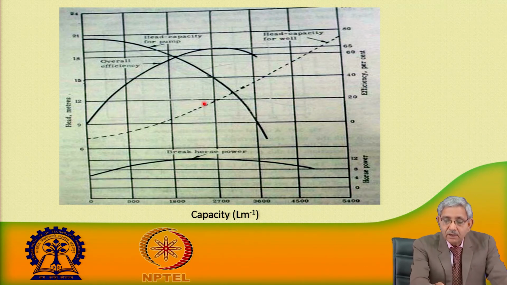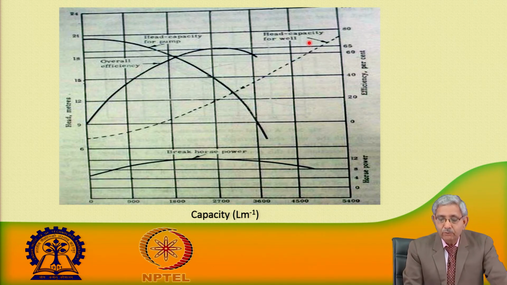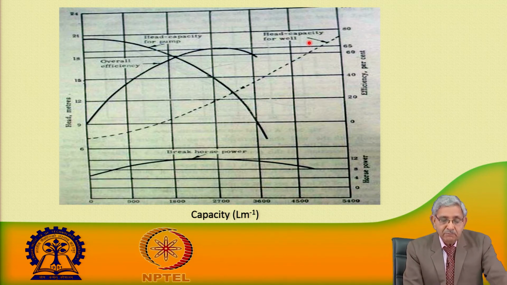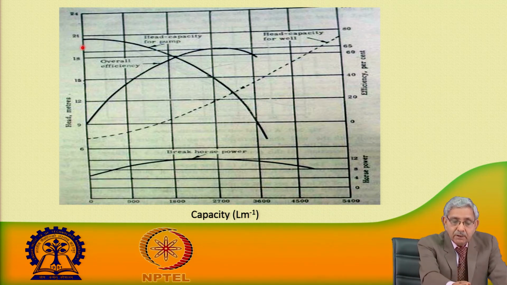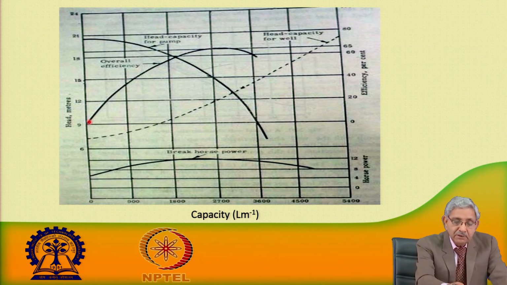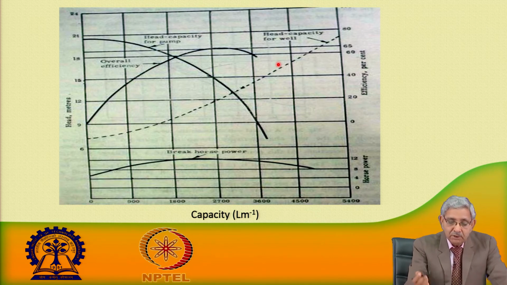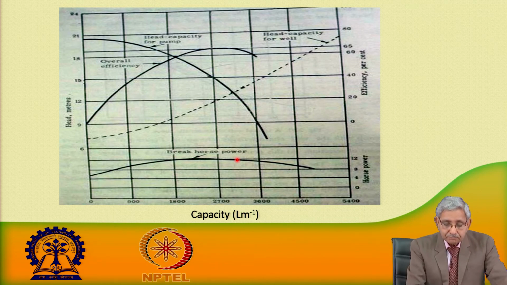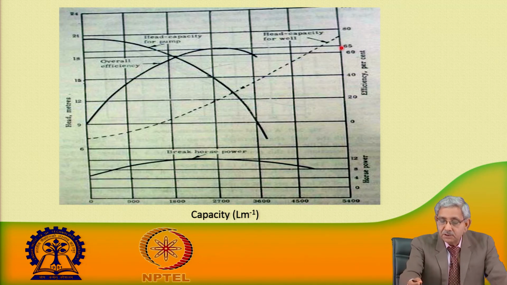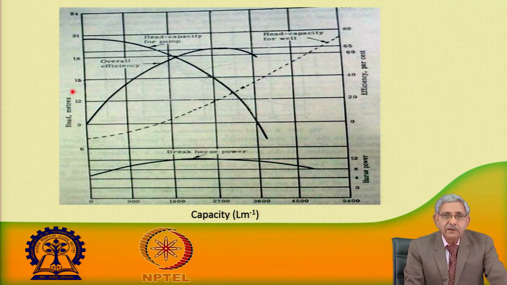Then the pump parameters are the head capacity curve for the pump, the overall efficiency curve, and the brake horsepower versus capacity curve. Horsepower and efficiency are shown on this side of the ordinate, and head is shown on this side.